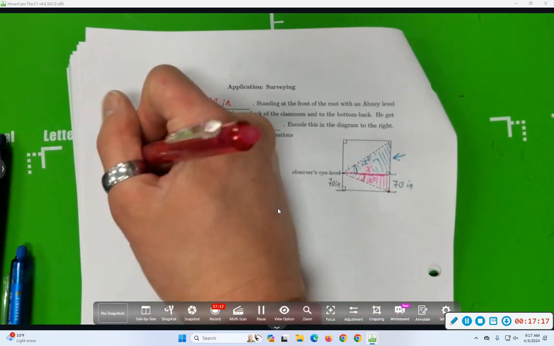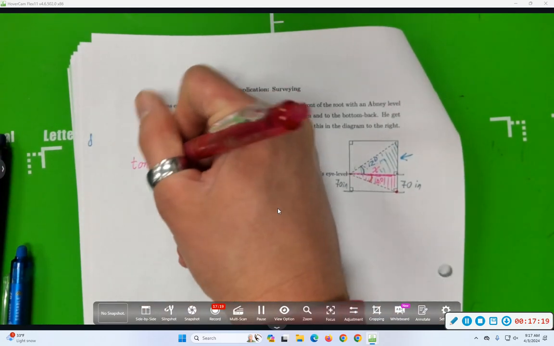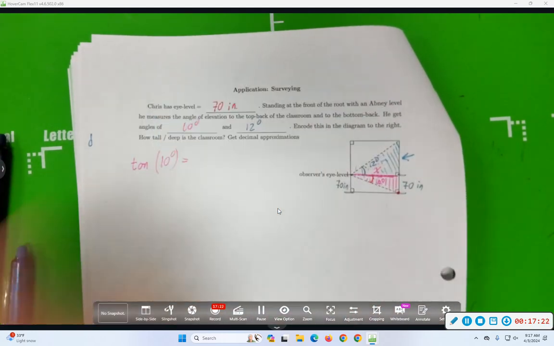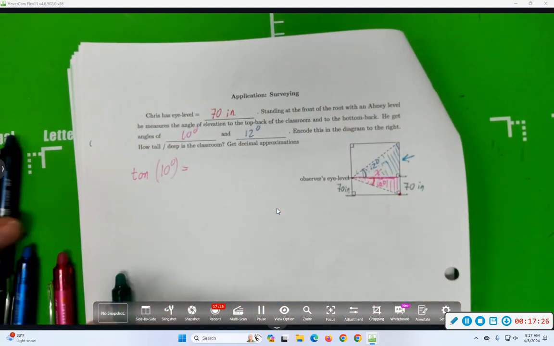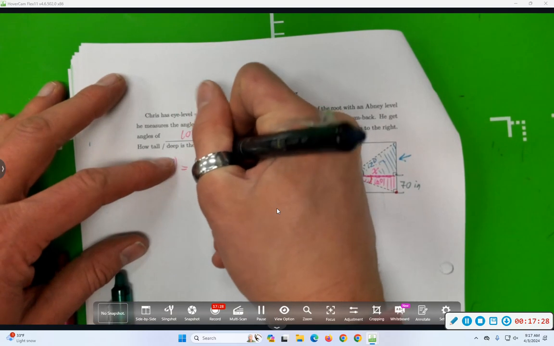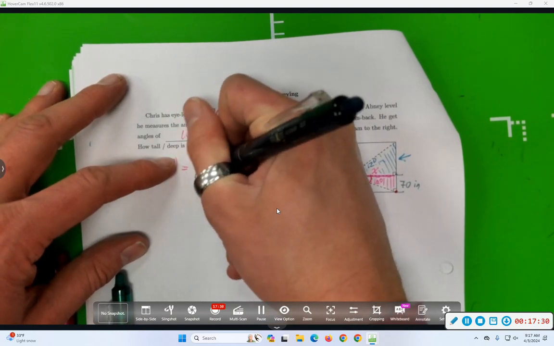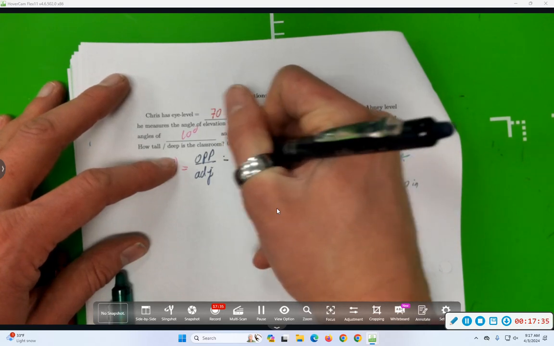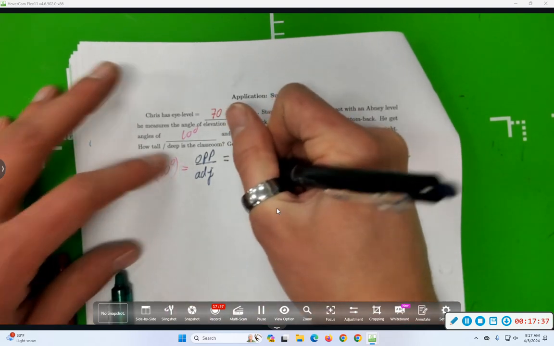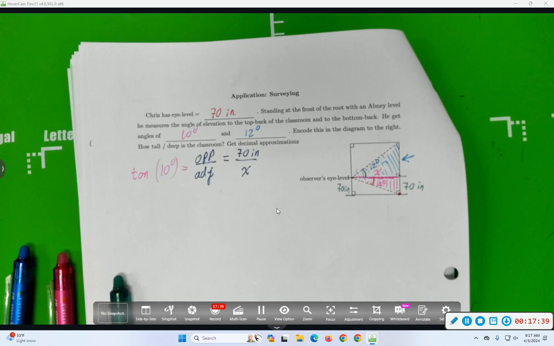So tangent of 10 degrees is equal to opposite over adjacent. That is 70 inches divided by that unknown side length x. I could solve it for x: multiply x to the other side, and divide by tangent of 10 degrees.